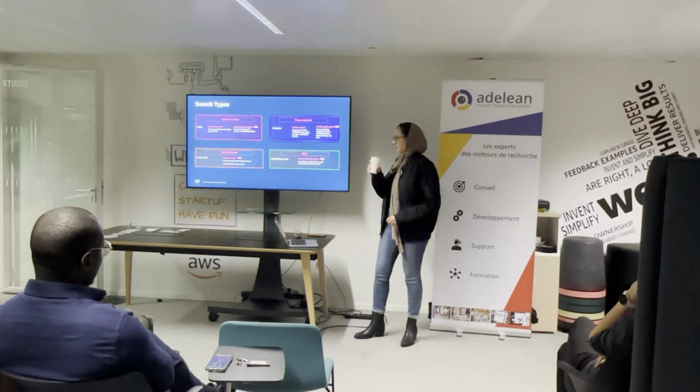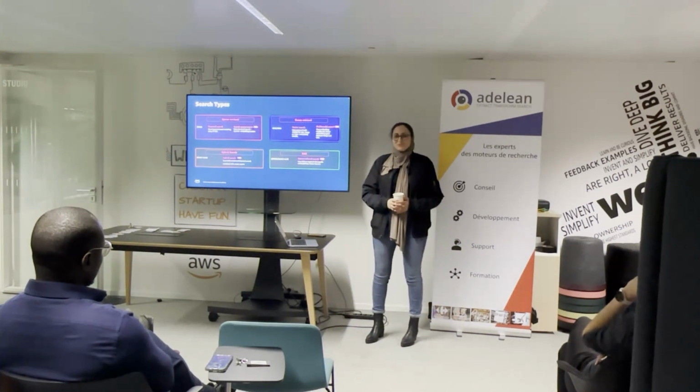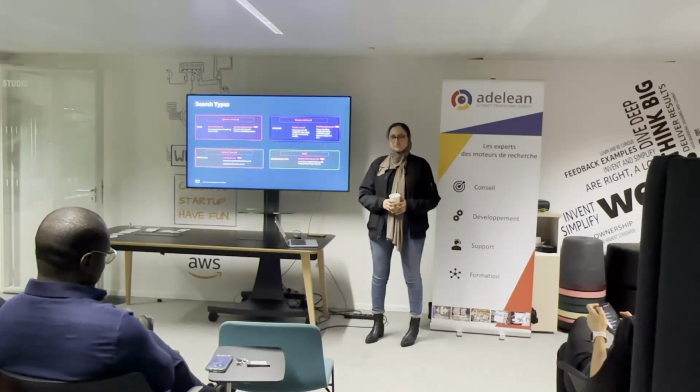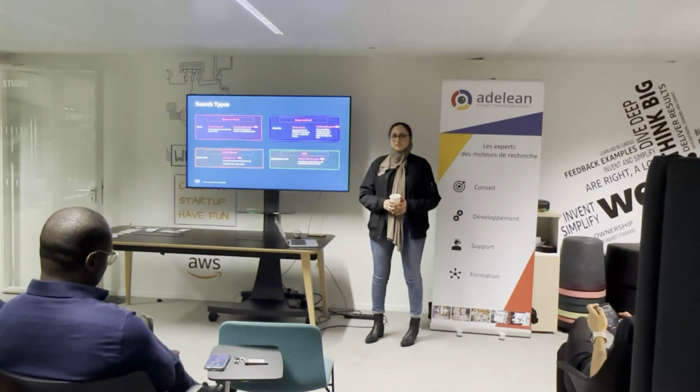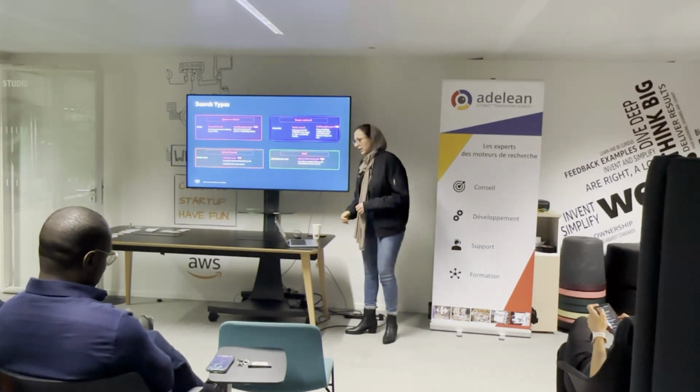Is it better to use the model only at ingest, so when we are creating our vectors, or is it better to use our model also at query time to create term expansion, I think is the word?